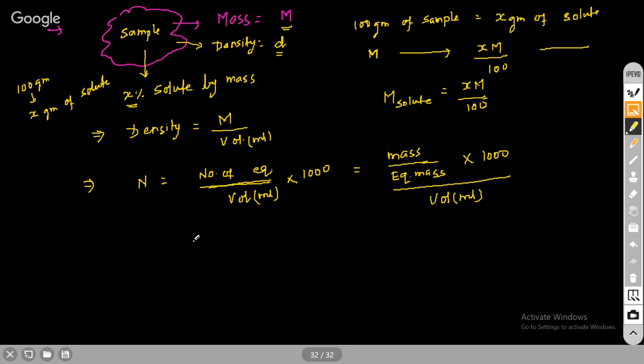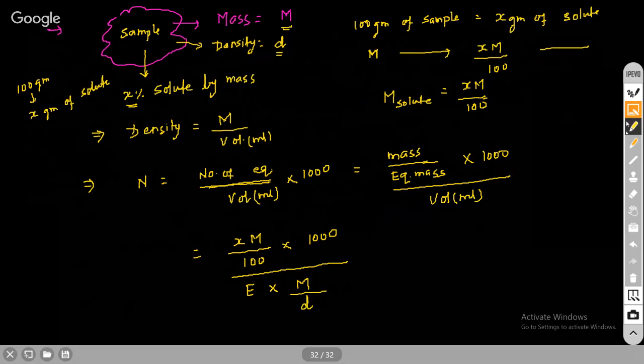Now this normality becomes, mass of the sample we have already, x m by 100. So we write x into m divided by 100, into 1000 as it is, and equivalent mass I am taking in the denominator, that is E. Volume, from this relation, we can write as m by density d.